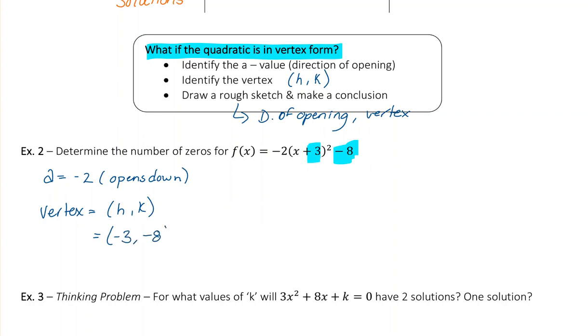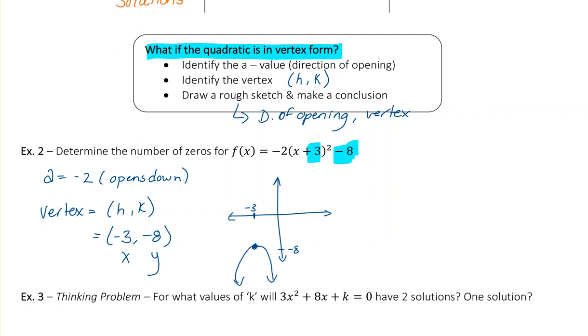8 is our vertex. If I were to draw a rough sketch, so I have my 4-quadrant grid here. Well, here is x is -3 and y is -8. -3 for x would be right here. -8 for y would be somewhere down here. That would be where my vertex is. This a value tells me it opens down, so it will look something like this.